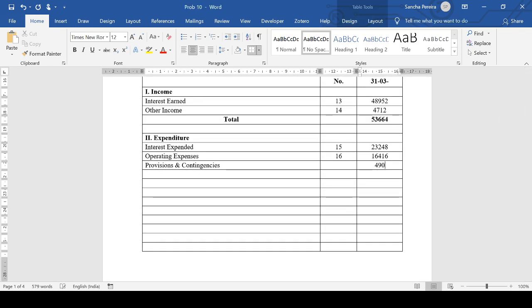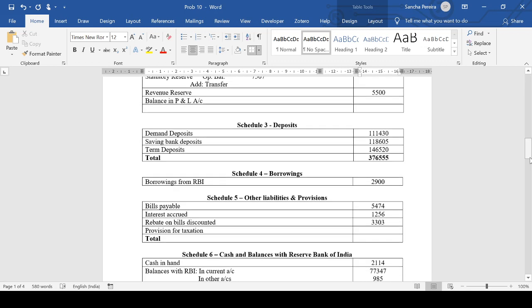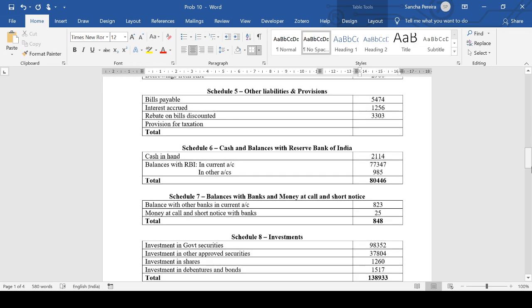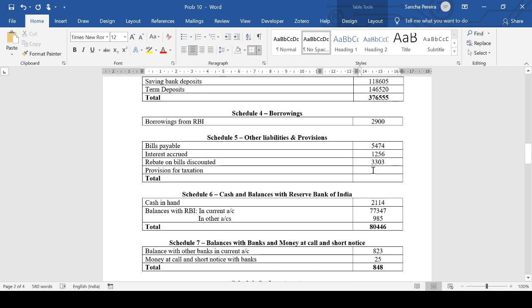So with this, we also complete another schedule. So let's complete that schedule as well. Provision for taxation, always two effects, 4,900. So the total of this is 14,933.